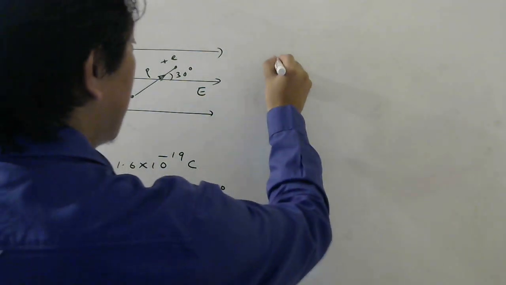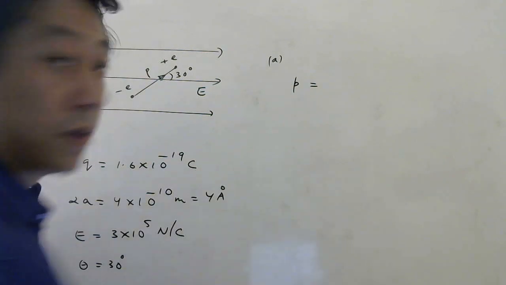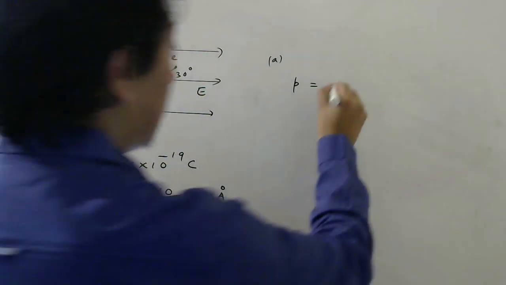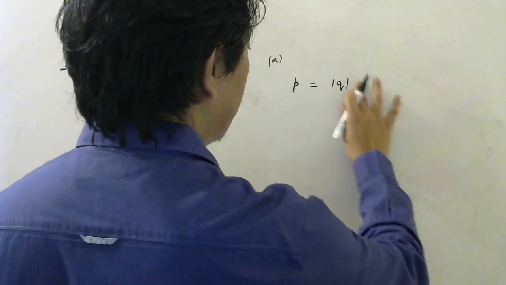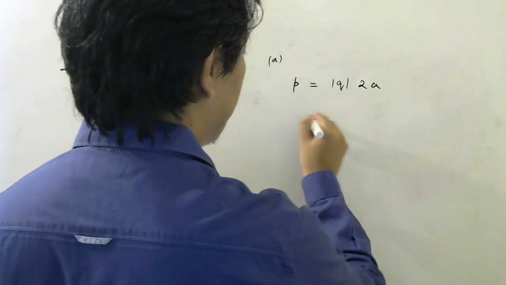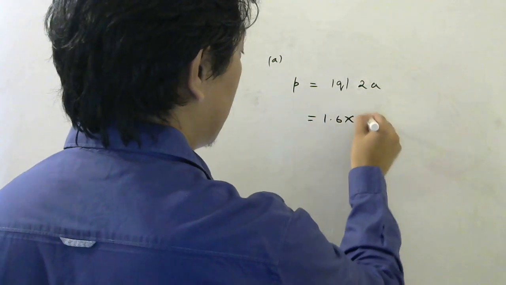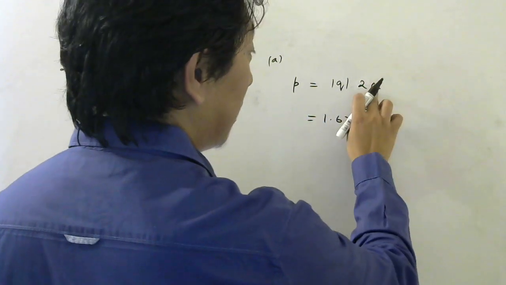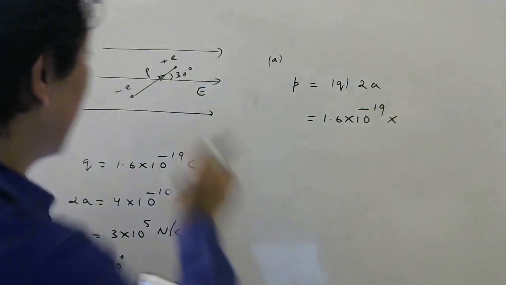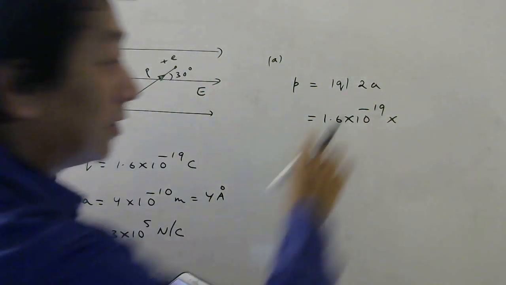So let us first do the dipole moment. What is the formula? Magnitude of one of the charges into distance between the charges. So 1.6 into 10 power minus 19. Don't take a as distance between them. If you take a as distance between them, then this 2 extra will come.